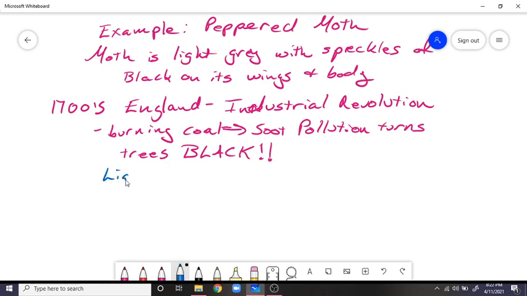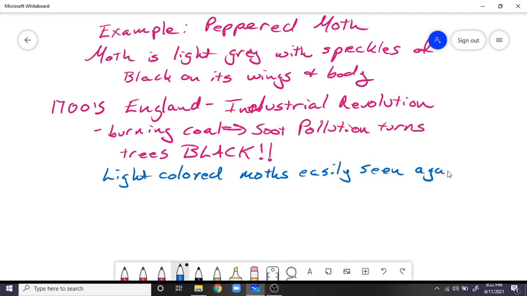These light colored moths are easily seen against the soot colored trees. And they get eaten by birds.